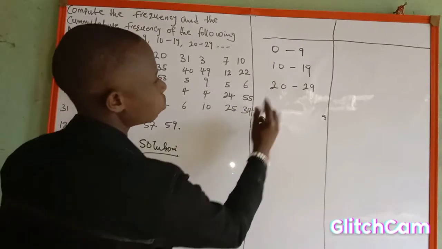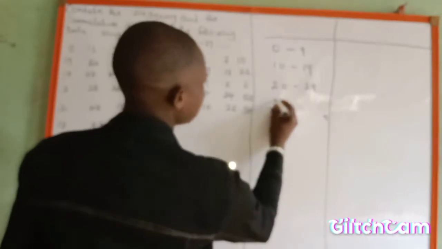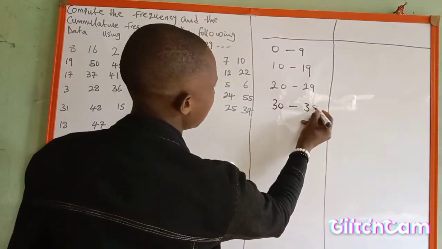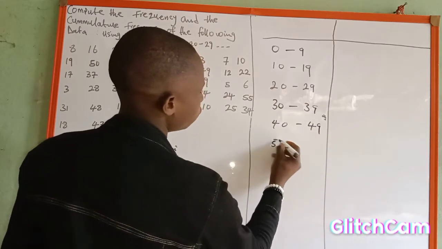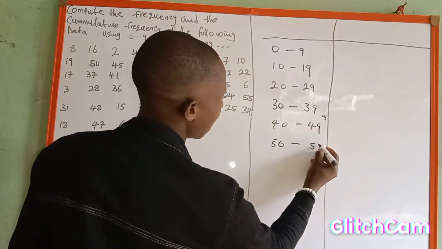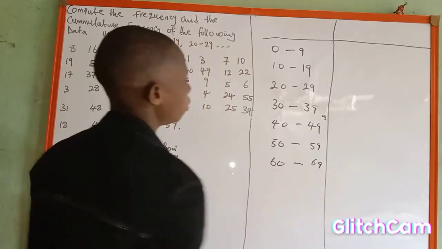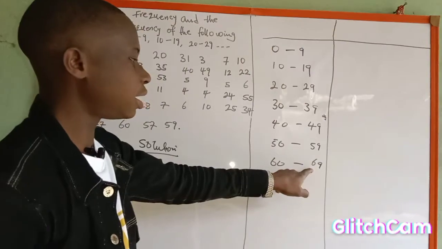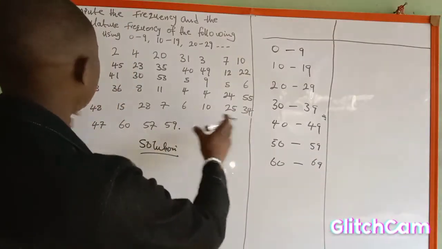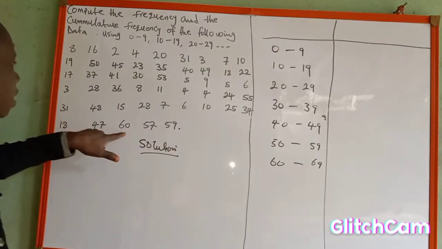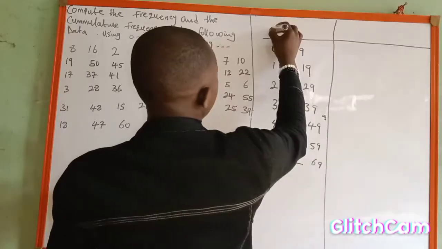I will continue: 30 to 39, 40 to 49, 50 to 59, then 60 to 69. So this interval from 0 to 69 contains all the data because the highest number here is 60.